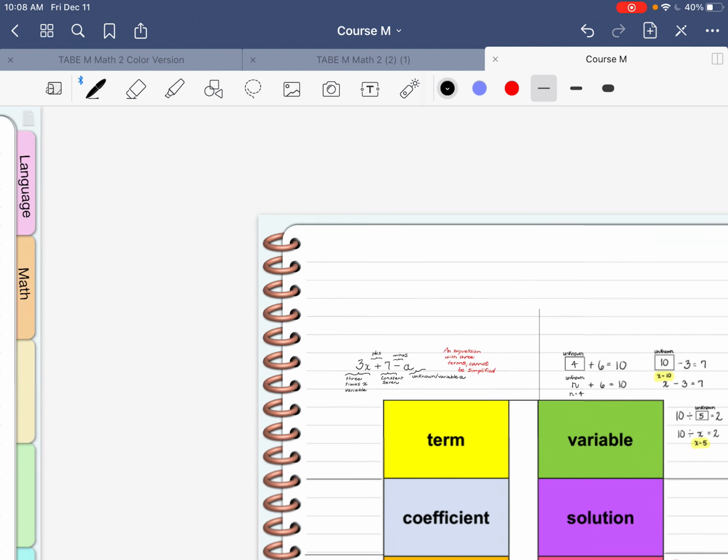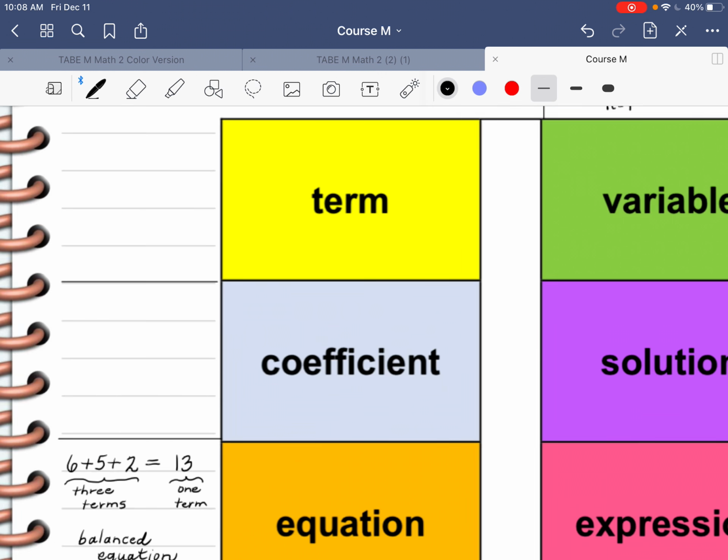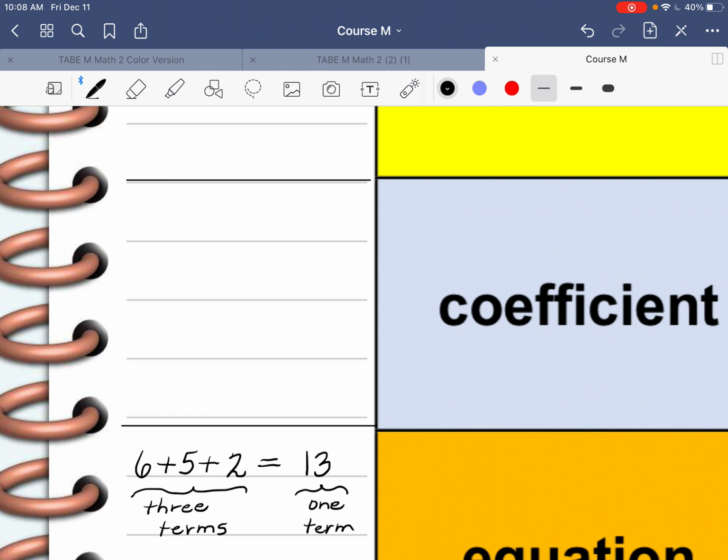Let's go over to this one. Let me give you an expression here. We have 3m plus 6a. So I have the m and the a, those are variables. The 3 is the coefficient of m.